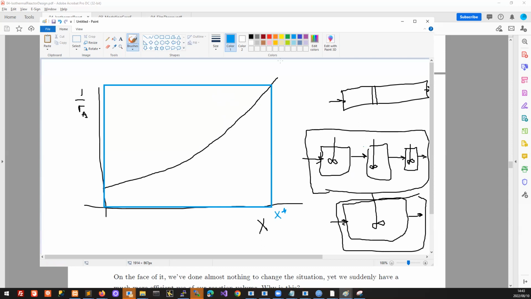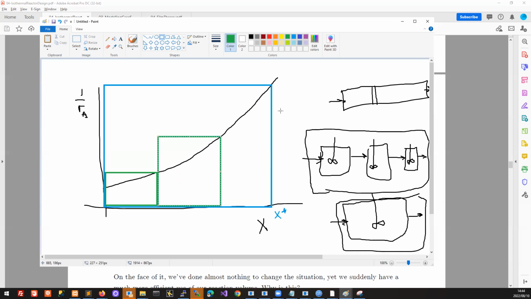If we have three little CSTRs instead, let's see what that would look like. Here's the first CSTR, so we achieve part of the conversion in this first CSTR, and then we say, okay, over to you, second CSTR. Maybe the second CSTR looks like this.